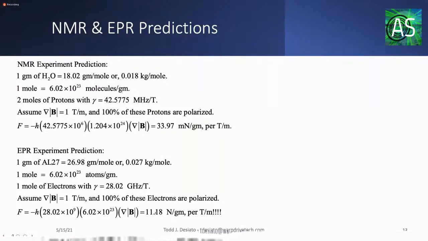And if we assume a gradient magnetic field magnitude of 1 Tesla per meter, or 1 millitesla per millimeter, which is not a very large gradient, and if we assume 100% of these protons are polarized and participating in the experiment, then the force we'll get is on the order of 34 millinewtons per gram per Tesla per meter. So 34 millinewtons, which is pretty small, but it's measurable. And I think I can measure that.